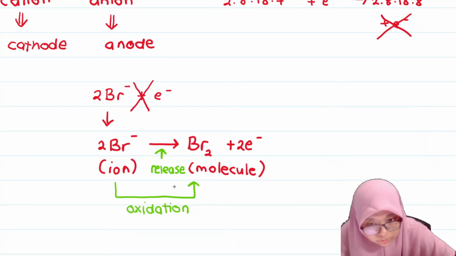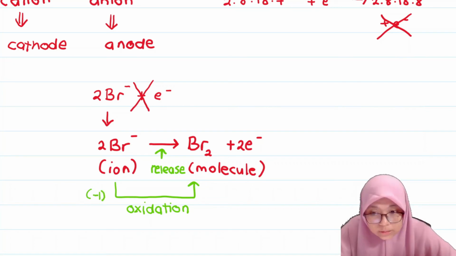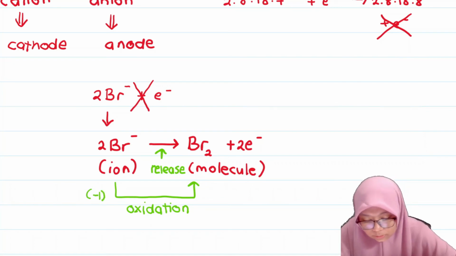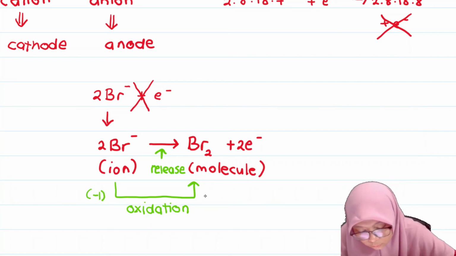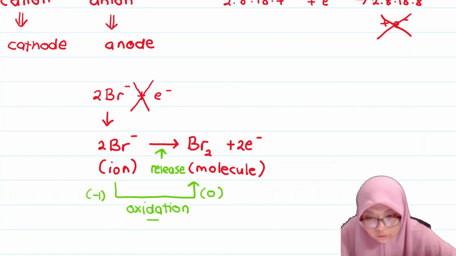Oxidation reaction can also be recognized from the change in oxidation number. The oxidation number for bromine here is -1 because it is bromide ion. It changed to a molecule, so the oxidation number becomes 0. So this increase in oxidation number from -1 to 0 is an oxidation reaction.